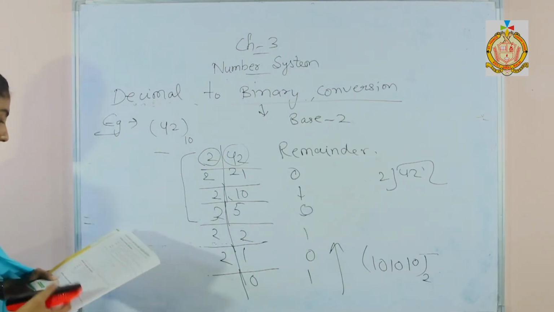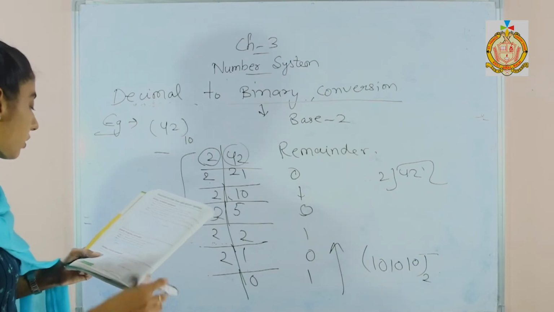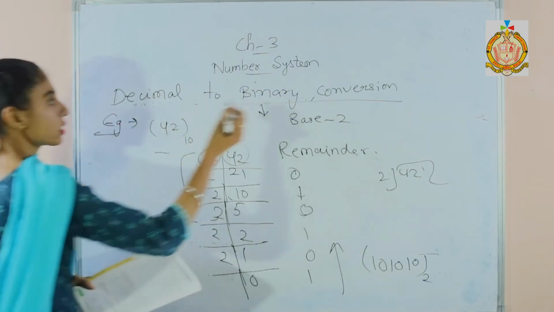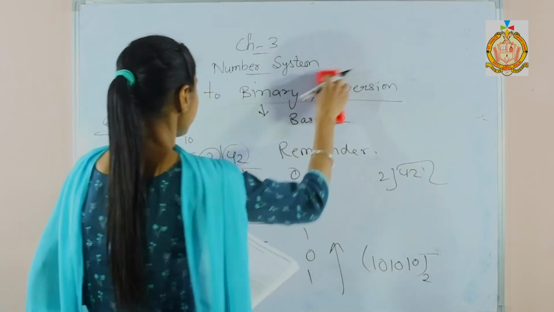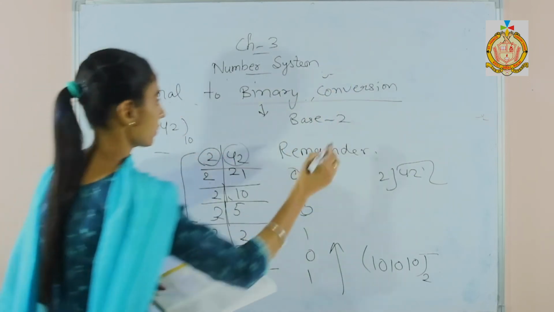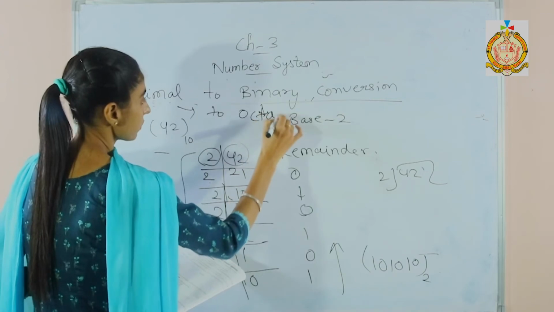Next one is the binary to decimal conversion, and third one is decimal to octal. Similar method with this. Decimal to octal.